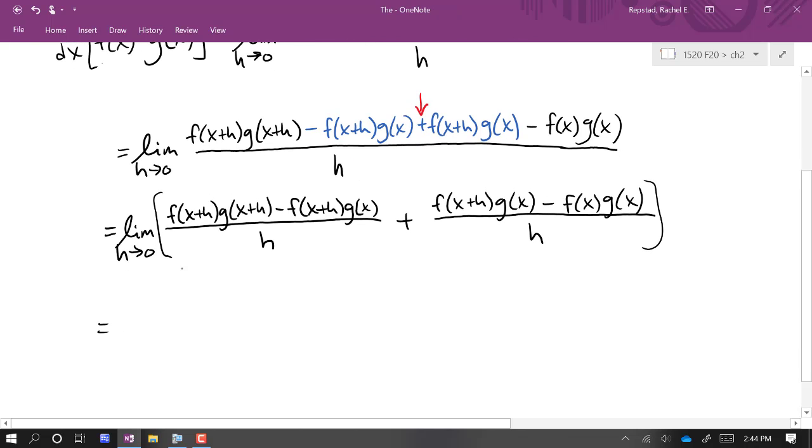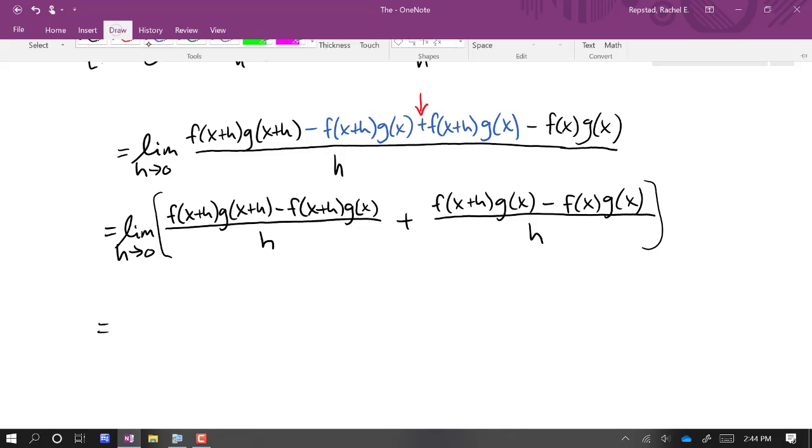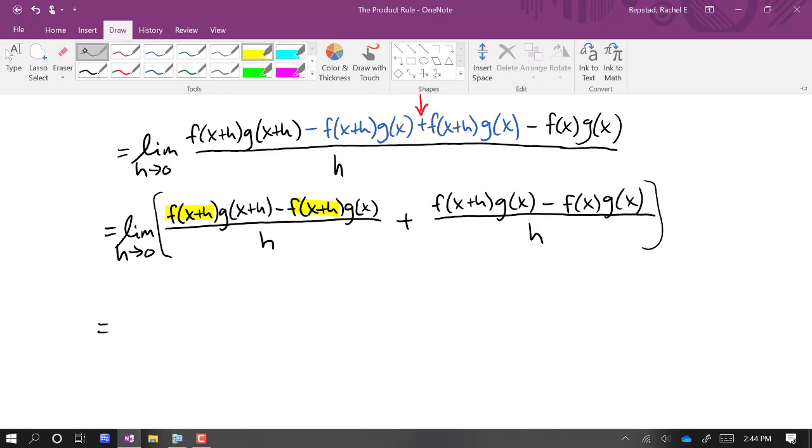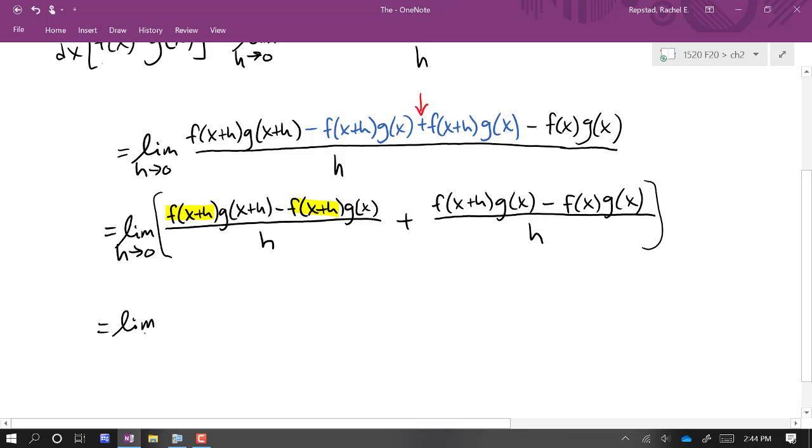Now, if you look just at the first fraction, we've got a common factor of f of x plus h. So I'm just going to take that out. And then here we have g of x plus h minus g of x.